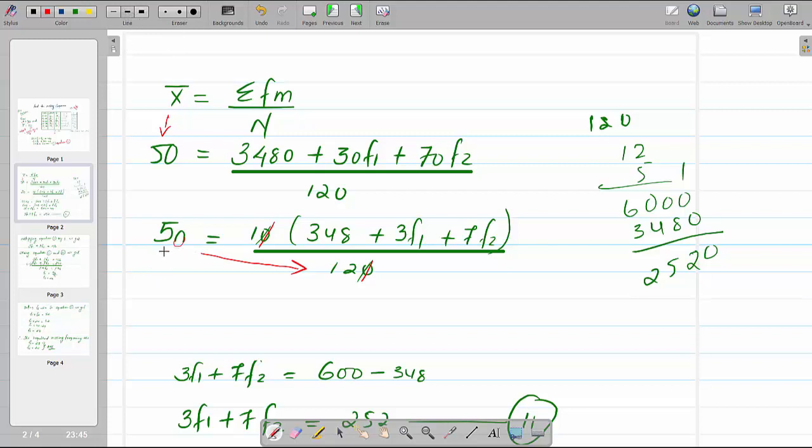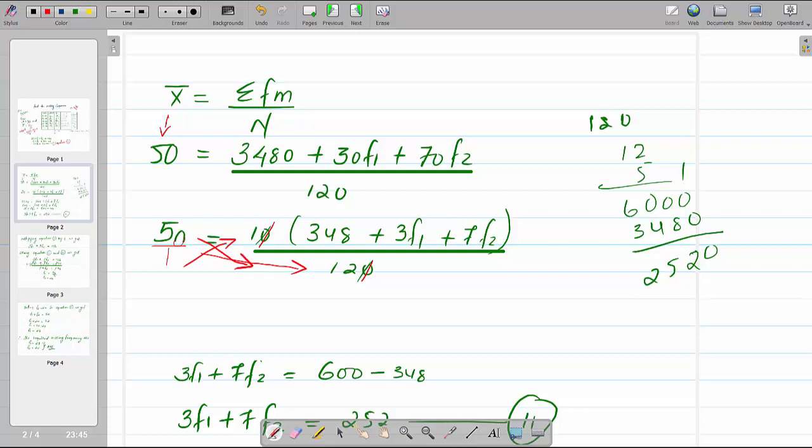So here, if there's nothing, we consider this as 1, right? Now if you cross multiply 50 and 120 and this one, this is what cross multiplication looks like.